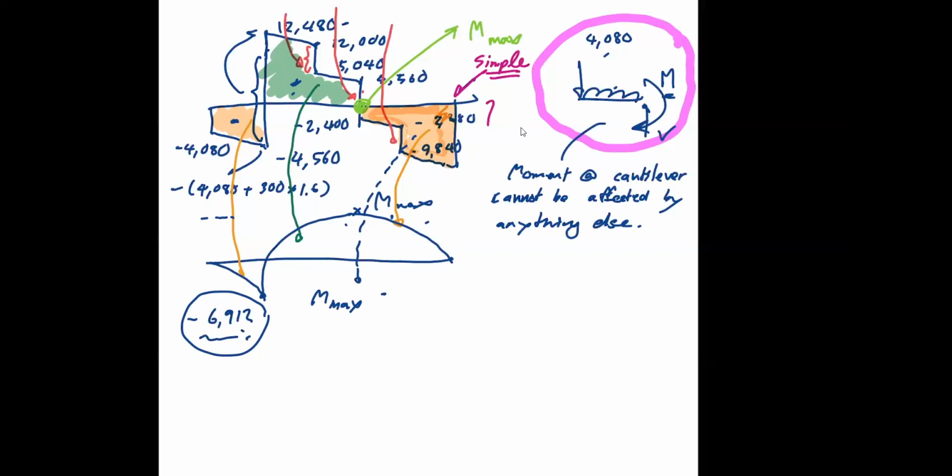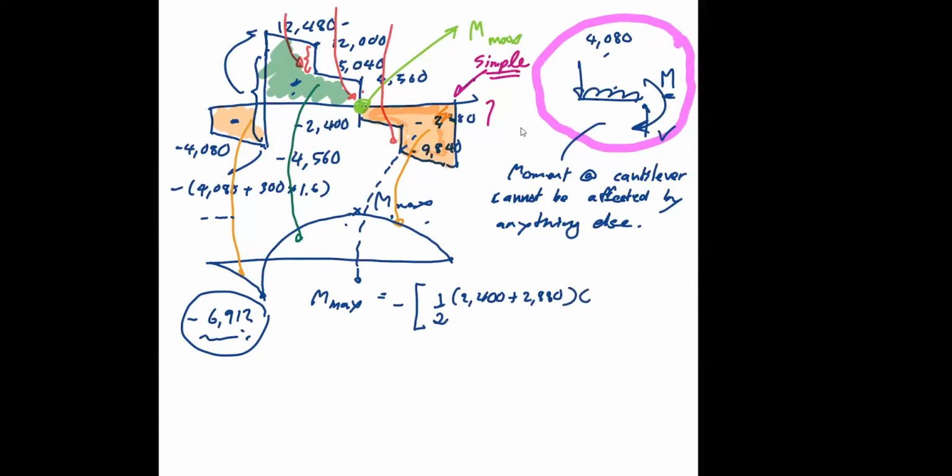Right? That's B4, so 1.6. If you're going to calculate this area right away, M max is a negative value of a half of 2400 plus, what's that number? I can't read my handwriting anymore. 2880, right?